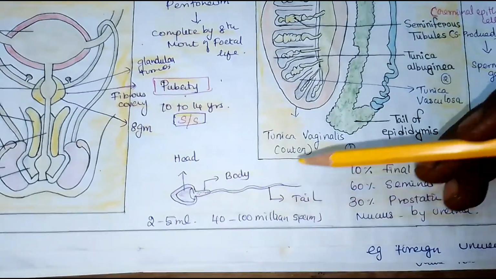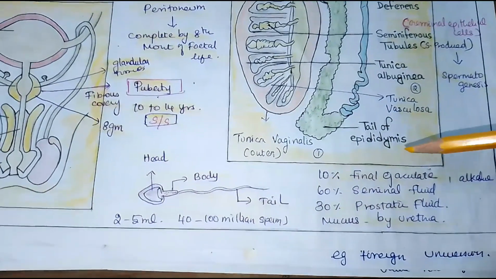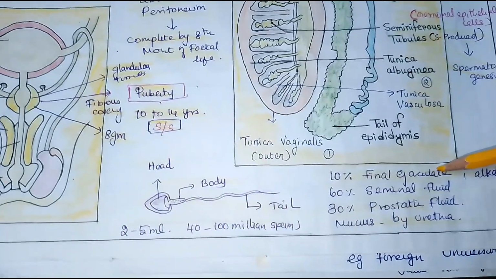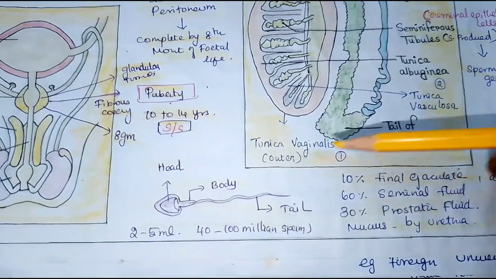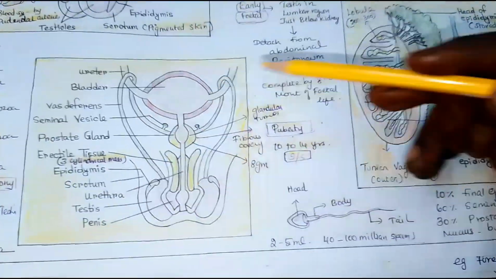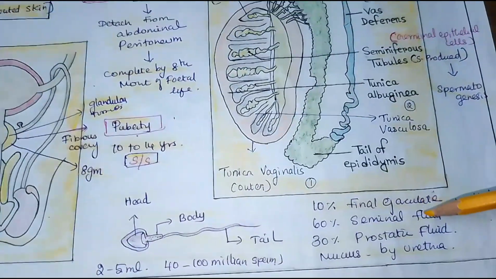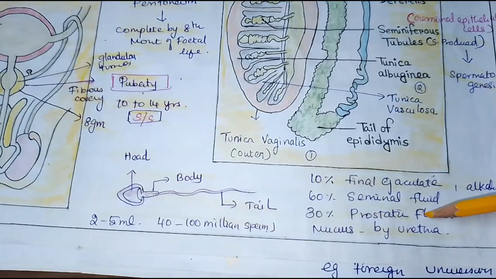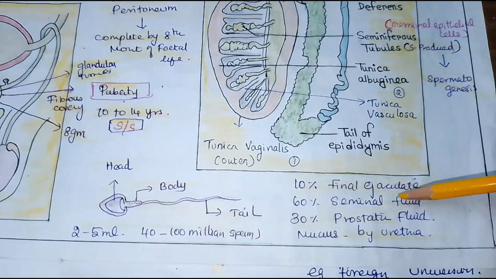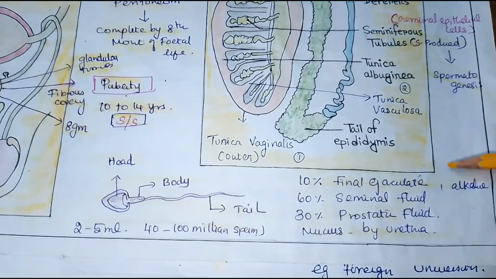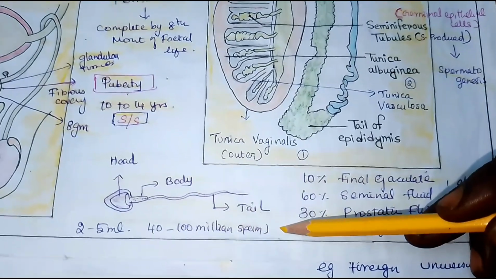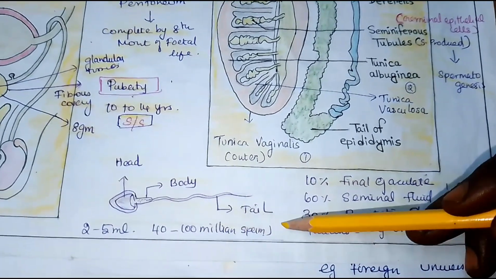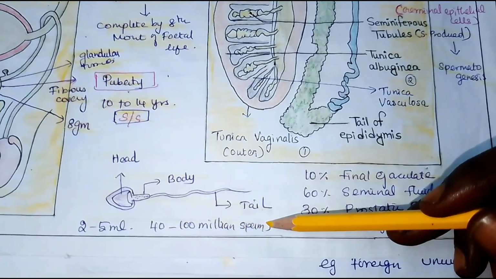So the semen has 10% of the final ejaculation. Some mucus is also secreted through the urethra, and the prostate fluid gives the 30%, as I told you. So the semen is alkaline. Why is the sperm number very high, whereas only one egg is produced per month?